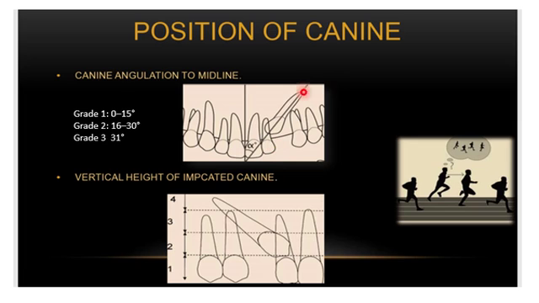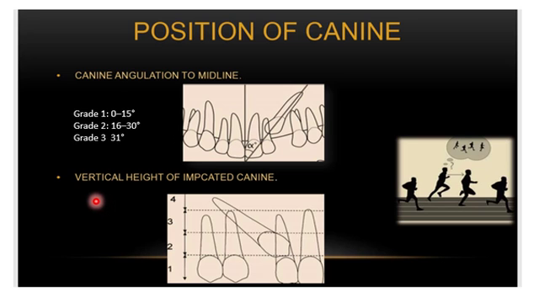Here is the angulation of the long axis of the canine to the midline. Grade 2 is 16 to 30 degrees, and grade 3 is above 31 degrees. When the degree of angulation increases, the prognosis decreases.